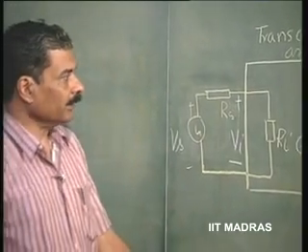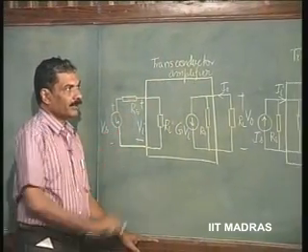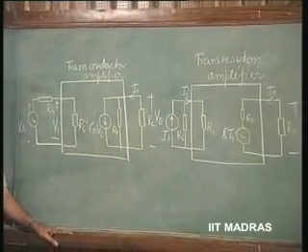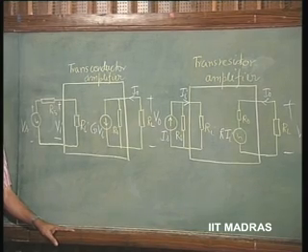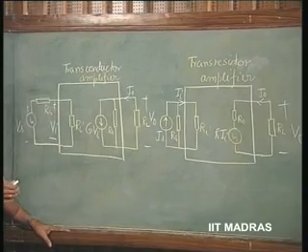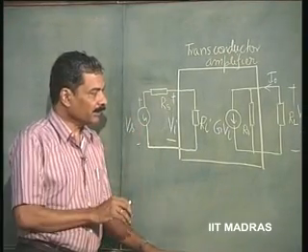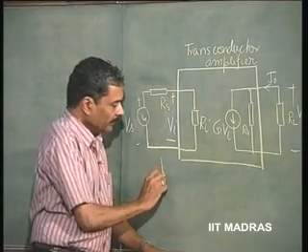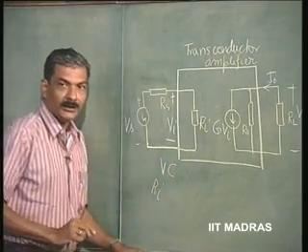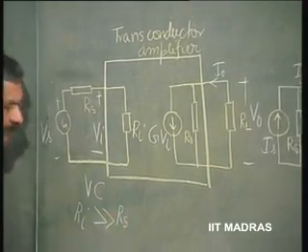So, now let us consider the two different amplifiers which we have discussed. One is the transconductor amplifier and the other the transresistor amplifier. When again the amplifier is not ideal, just as we considered earlier for the voltage amplifier and current amplifier, how do we recognize that a particular amplifier belongs to a particular category? That is going to be done here also. It is voltage controlled at the input, which means Ri, which was infinity in the case of the ideal amplifier, here is much greater than Rs.